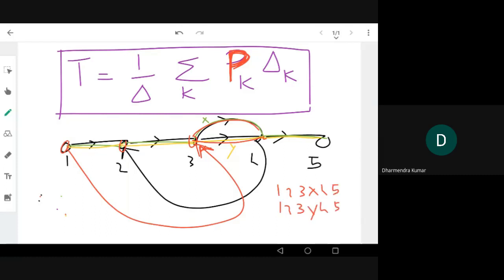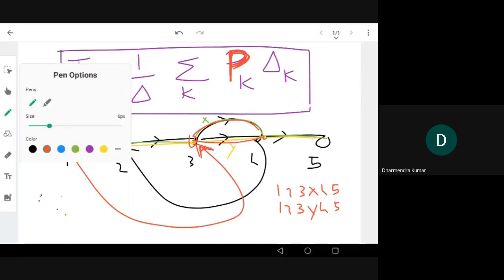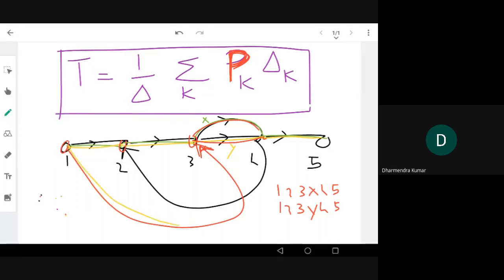And what is the next forward path? It is through 1 to 3, then there are two options, x to 5. Sorry, this is not 1 2 3, there is 1 to 3.